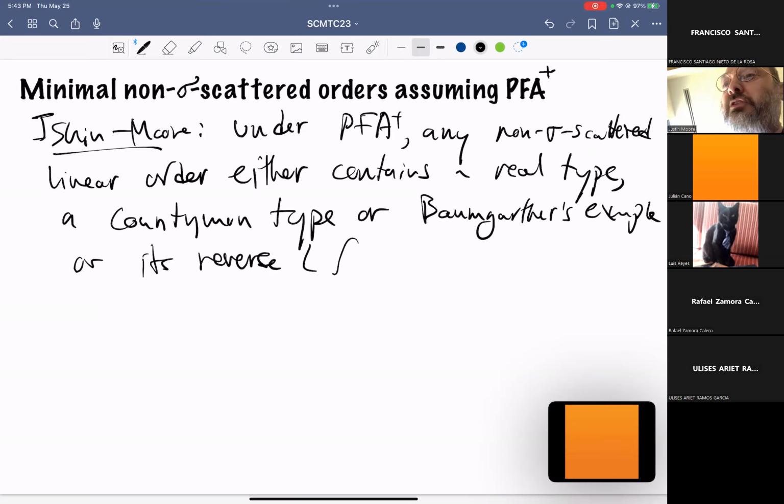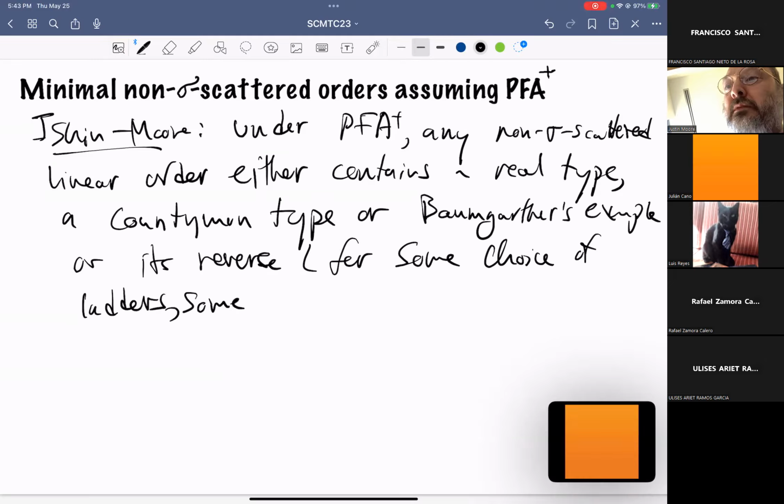And this is, of course, for some choice of ladders, some S subset of omega 1. So in particular, any non-sigma scattered linear order contains a non-sigma scattered suborder of size Aleph1.